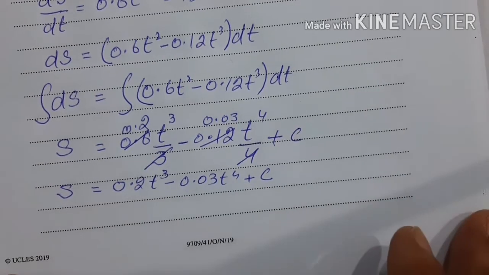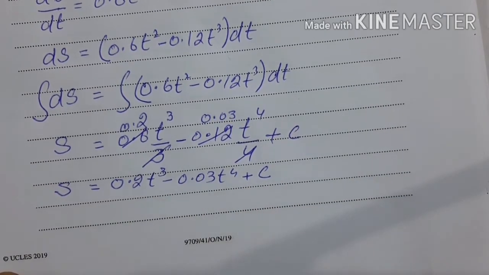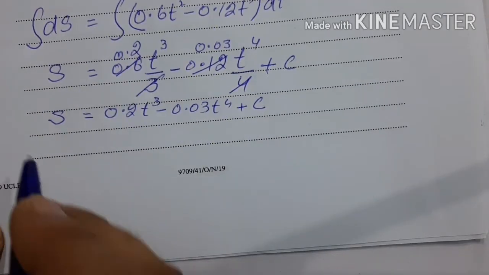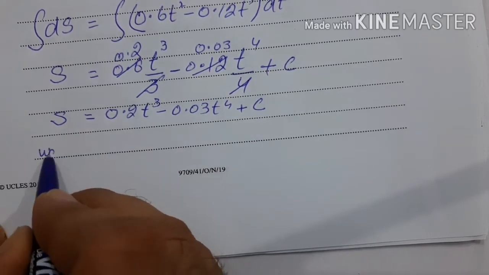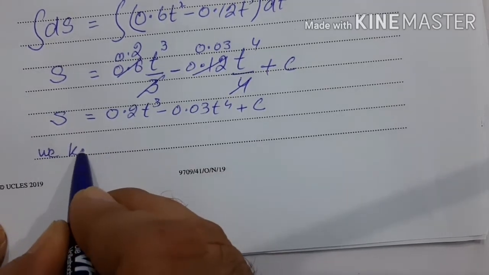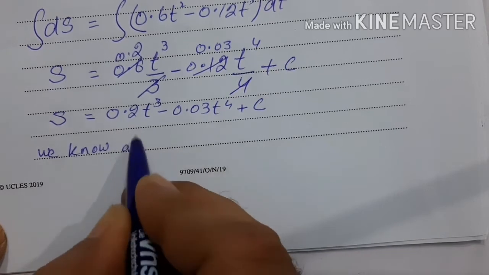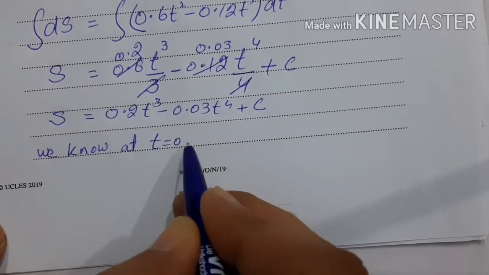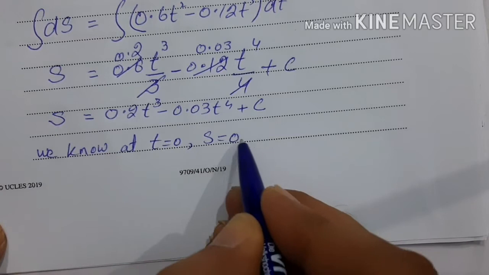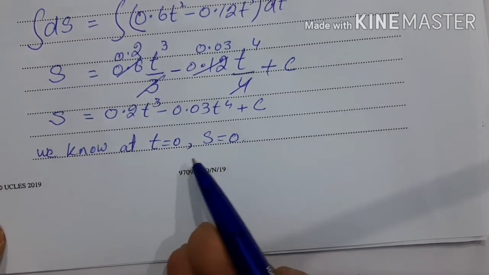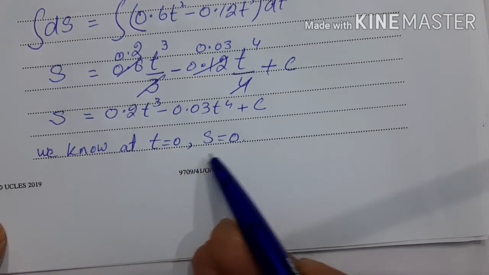Now we need to find the value of c first. We know at t is equal to 0, s was 0, because the body did not cover any distance. So t is equal to 0, s is equal to 0.